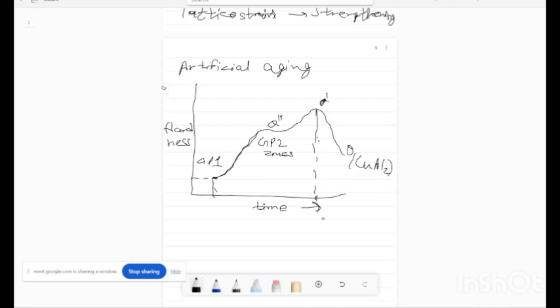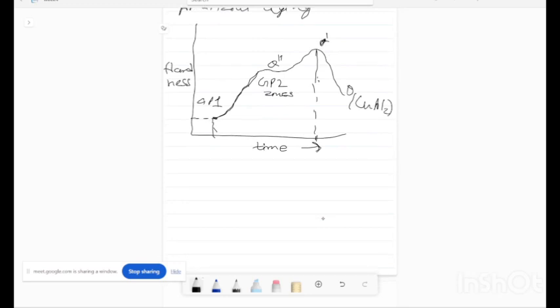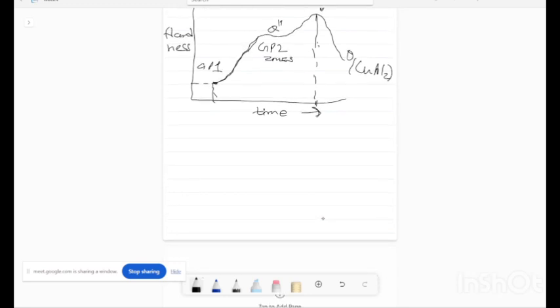Precipitation hardening also happens in the aluminum magnesium silicon, that is 6000 series, and 7000 series also. So we will study further the different precipitates in the 6000 and 7000 series. So what is the sequence of the precipitation hardening?